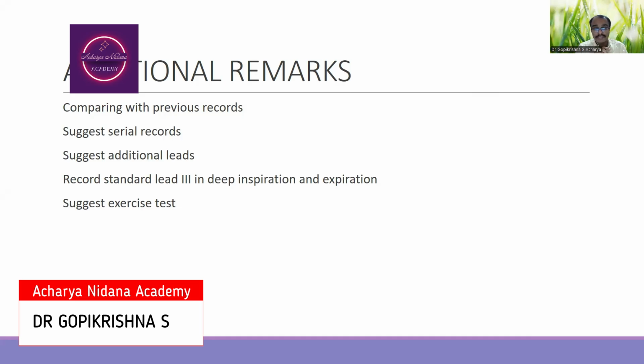And if there are additional leads, suppose the person has dextrocardia, we have to keep the leads in different positions and record the standard leads in deep inspiration and expiration to know about the arrhythmias. And if the person has ischemic heart disease, etc., then we are going to do an exercise test such as treadmill test or TMT.